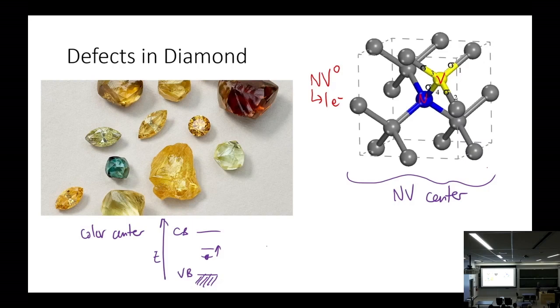It's useful as an emitter. So if you just want to make a pretty color or make it glow, like that's okay. But for quantum information, we need a triplet, just like we just saw in the vanadium example. So what we do is we apply a potential to shift the Fermi level of our nitrogen vacancy center so that it captures an electron.